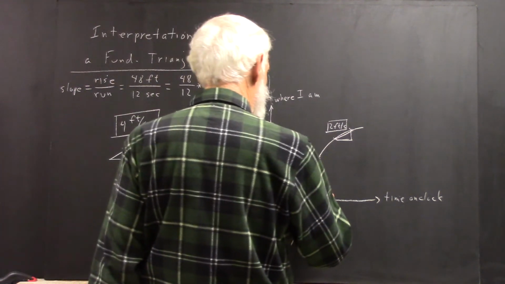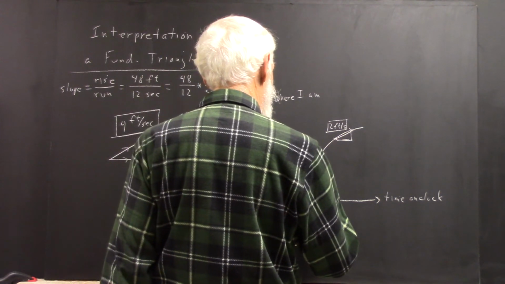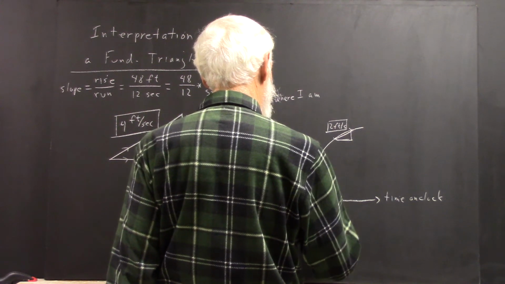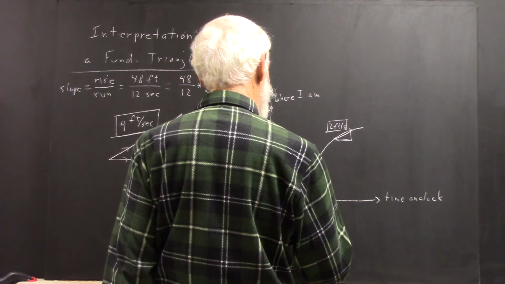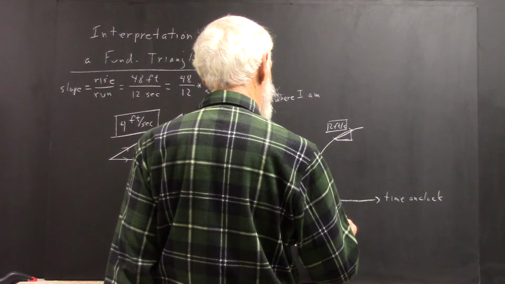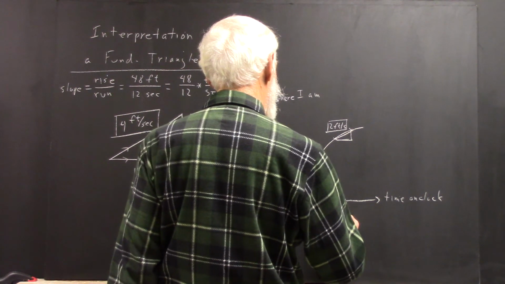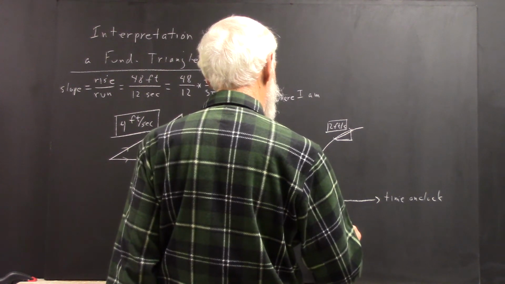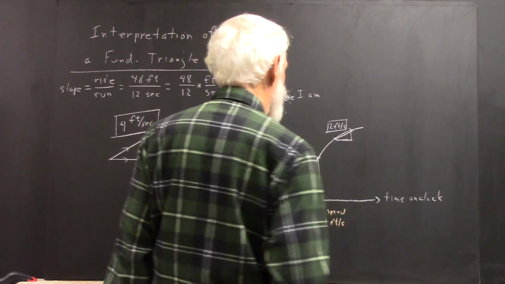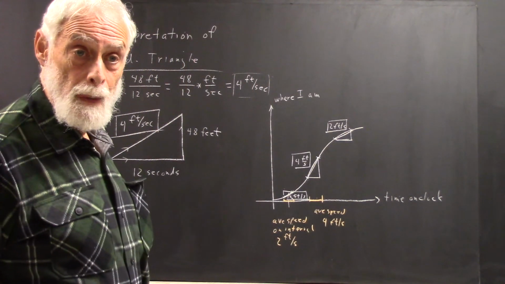And then the average speed on this interval, four feet per second, right?